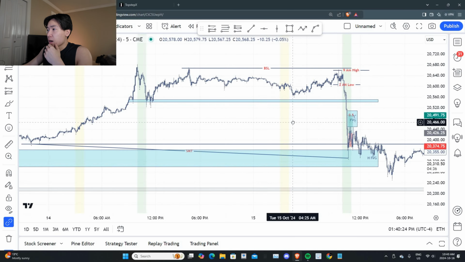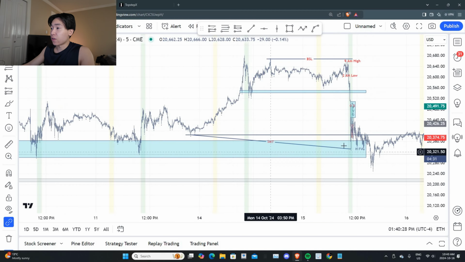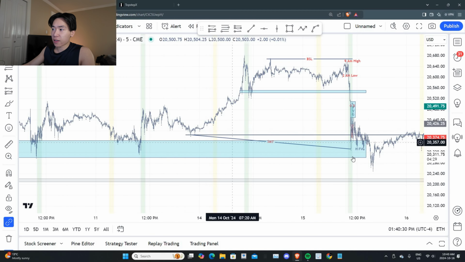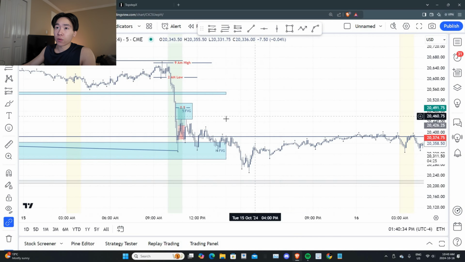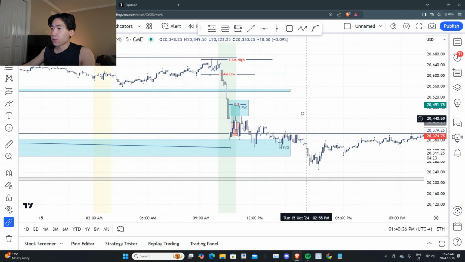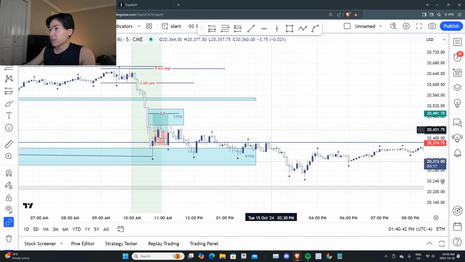And so I saw a higher time frame fair value gap, which is the hourly, and we also had SMTs at the bottom right here. So I thought that this was a potential for a reversal, right? So I decided to enter a long position, and honestly, it went well until it didn't.